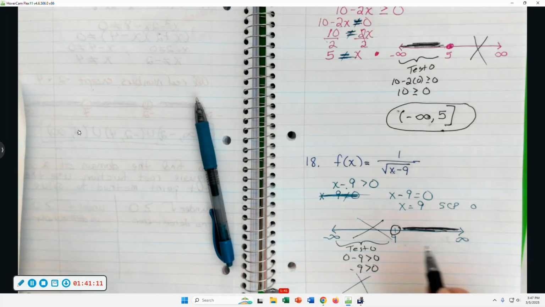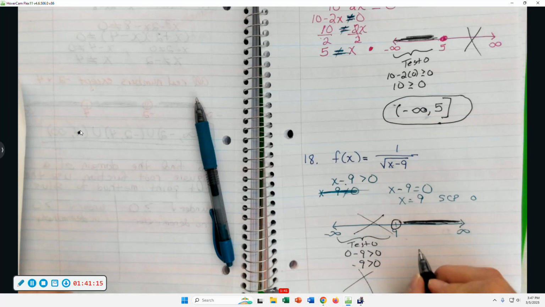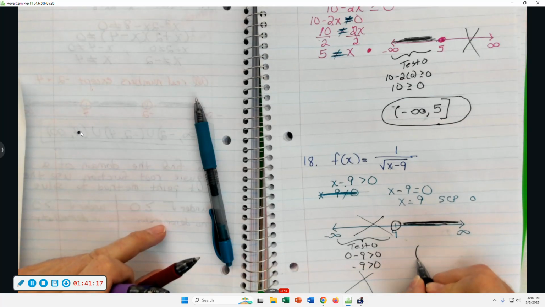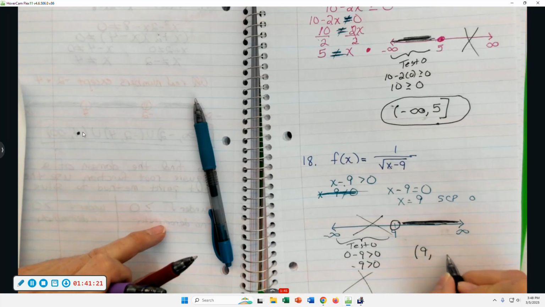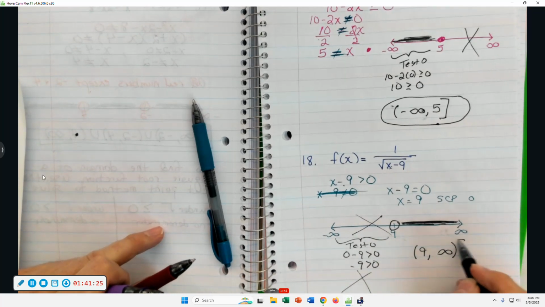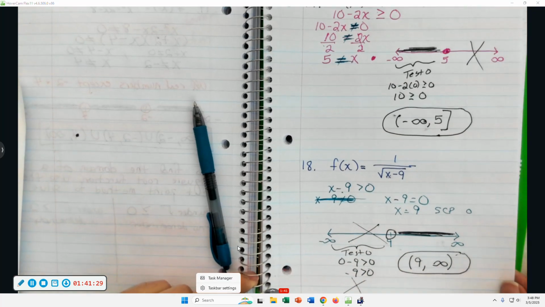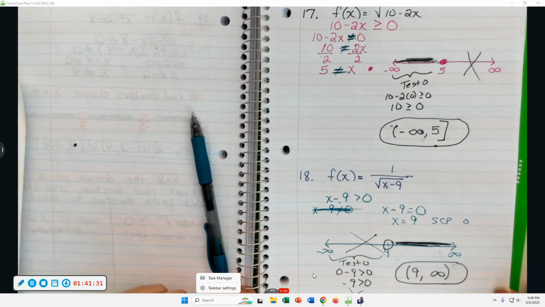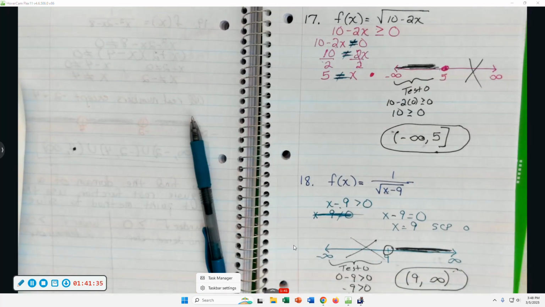Okay? So how do I write this interval in interval notation? Left parenthesis, 9, comma, positive infinity, close parenthesis. Okay. Y'all see, these two problems are similar, but they're different also.